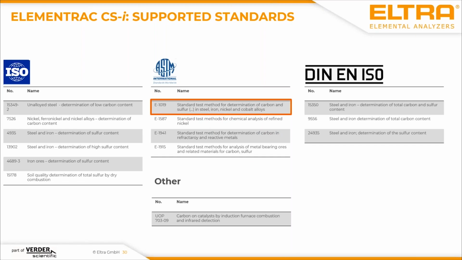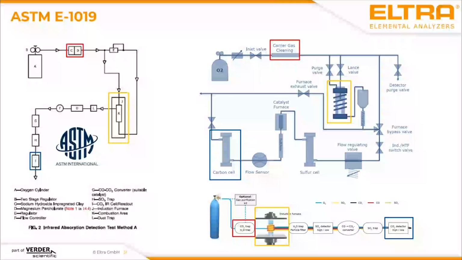So this is a very typical one, and the next slide shows you first on the left side how ASTM requires the setup of an analyzer used for that measurement, with carrier gas cleaning, with the furnace, with the detector. And on the right side, you can see a scheme of how our analyzer CSI is working.